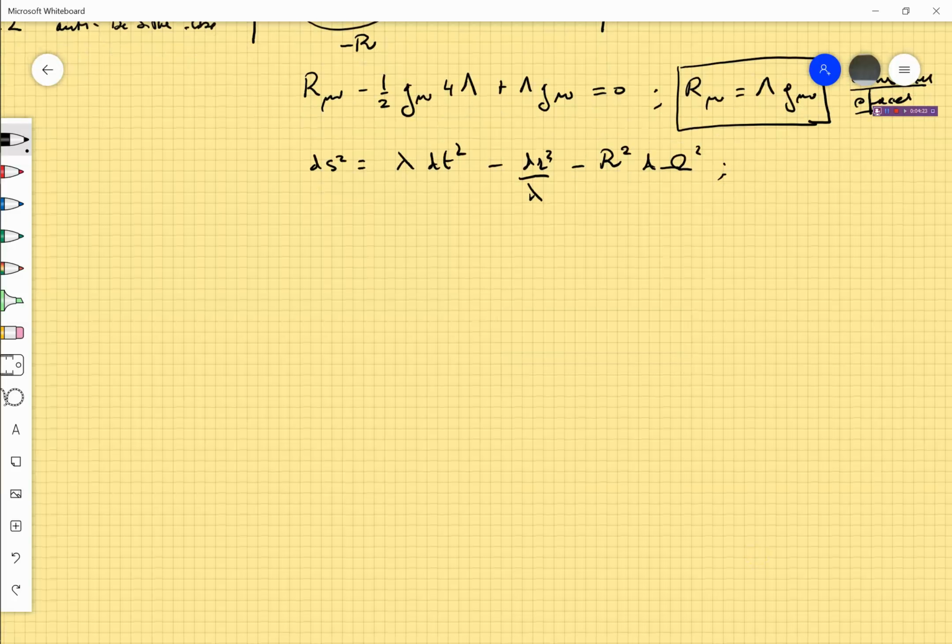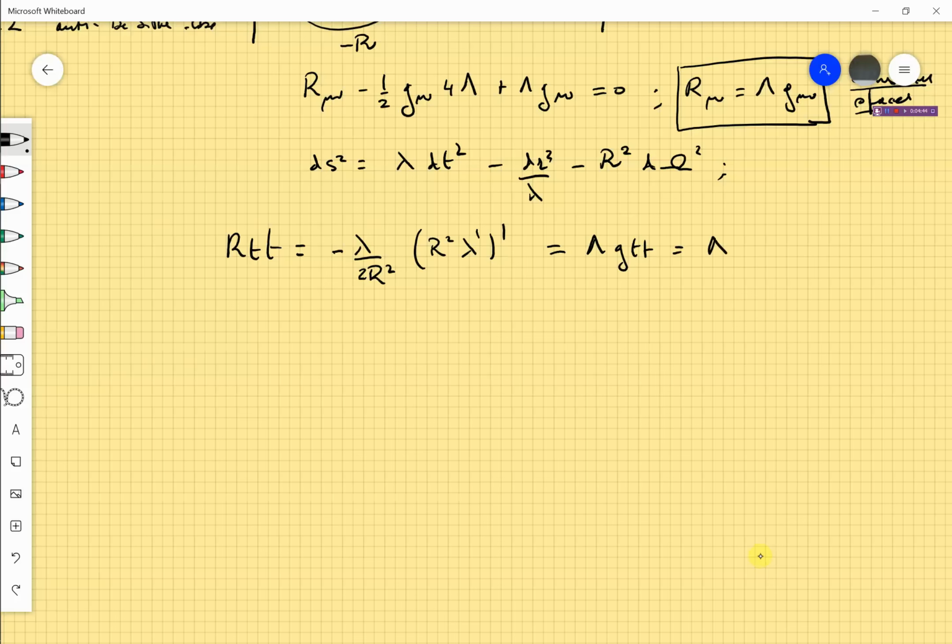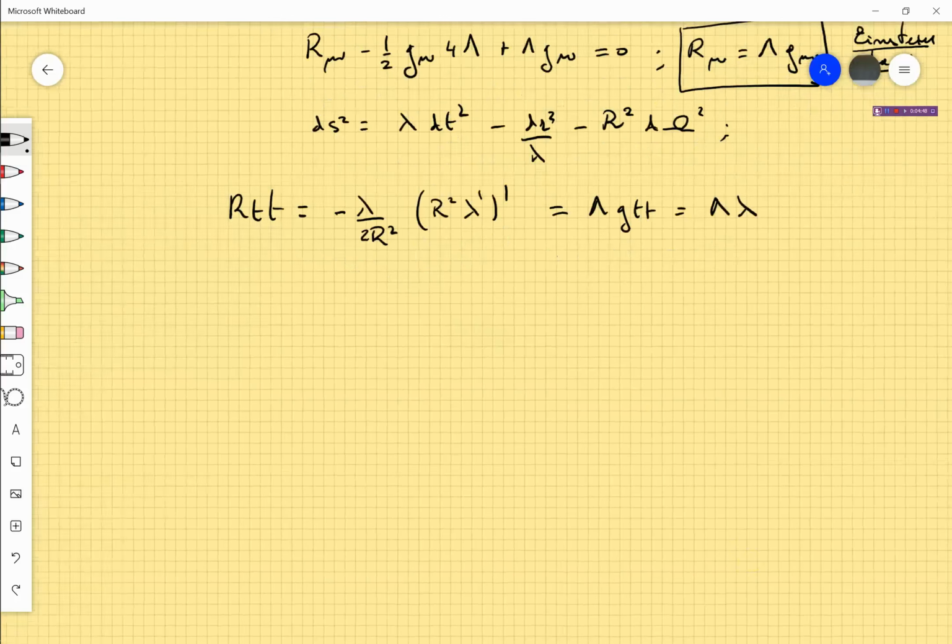The tt component of the Ricci tensor, you can look it up in the lecture notes, is just this, and the equation tells you that this is lambda g tt, and with the notation we have chosen, this is lambda capital lambda.